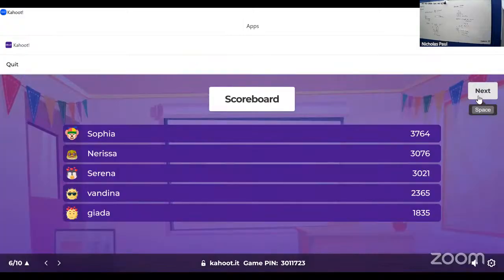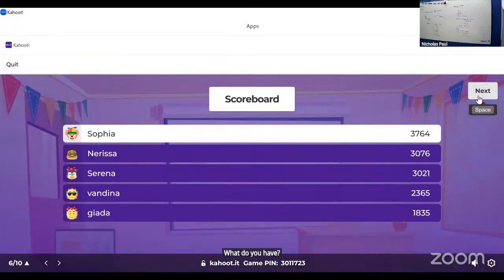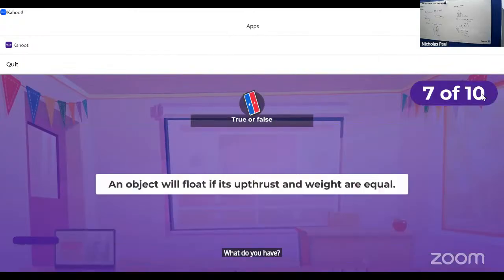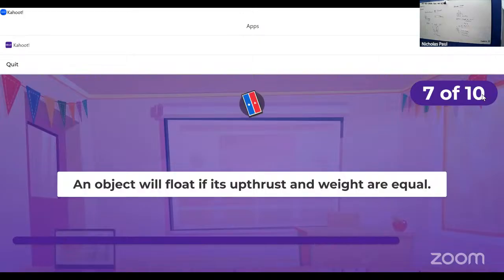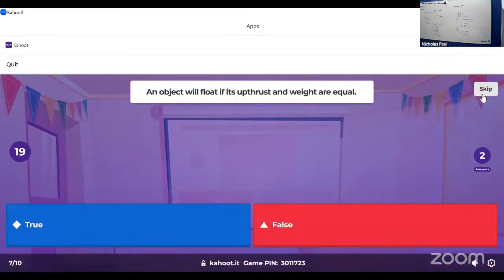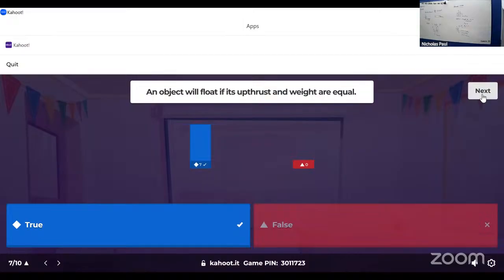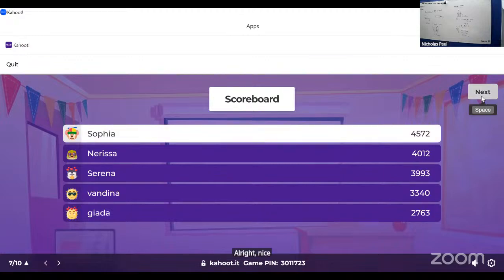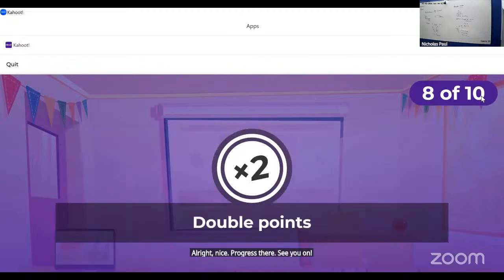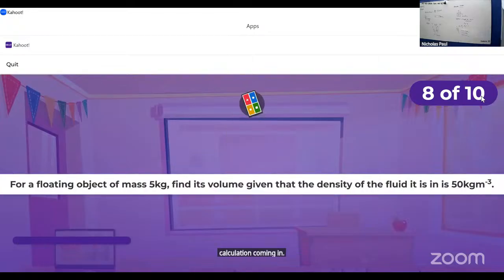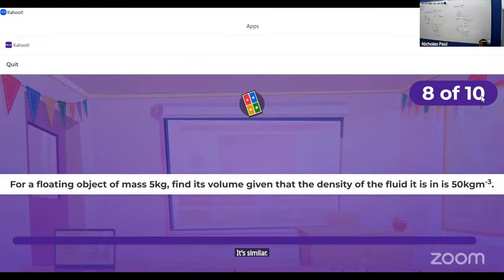What do you got? All right, nice progress there. 3 more. Calculation coming in. Nice one. I like this one. It's similar to what we did a little while ago.